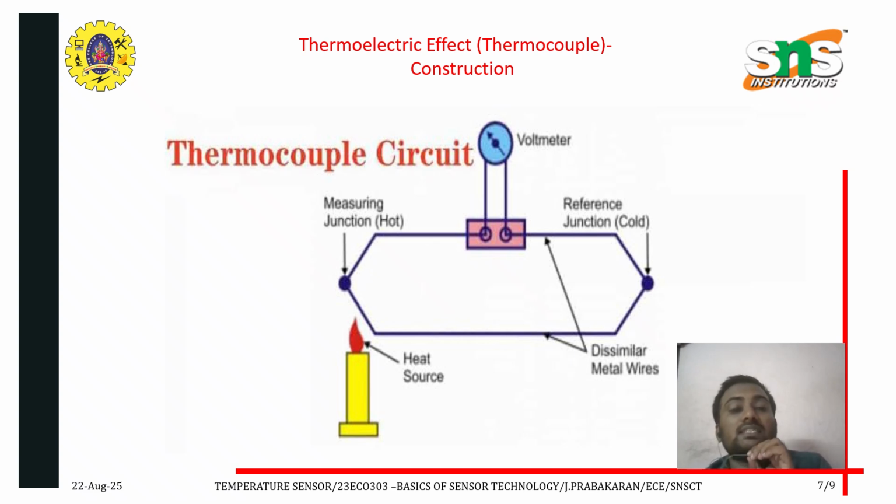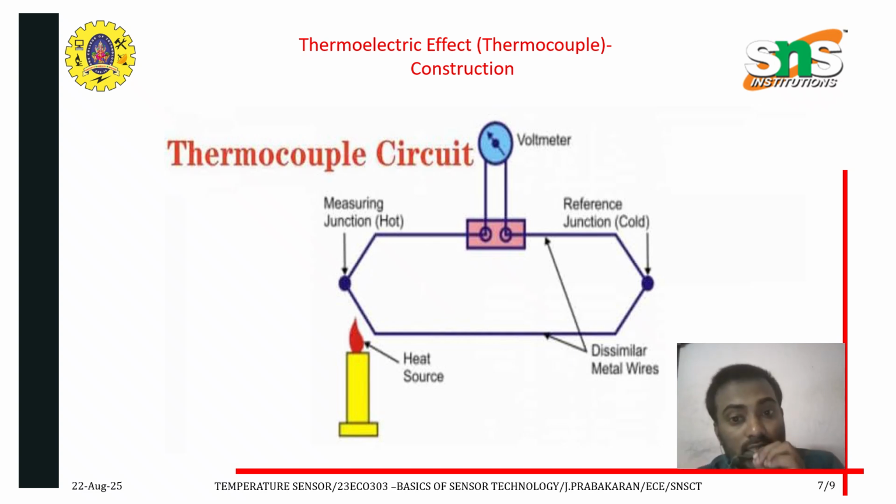The other junction is the cold junction or reference junction, which is kept at a known, stable temperature. The voltage generated by the thermocouple is measured by the voltmeter connected to the extension wires of the circuit. This measured voltage is then correlated to the corresponding temperature difference using a standard reference table or calibration data.